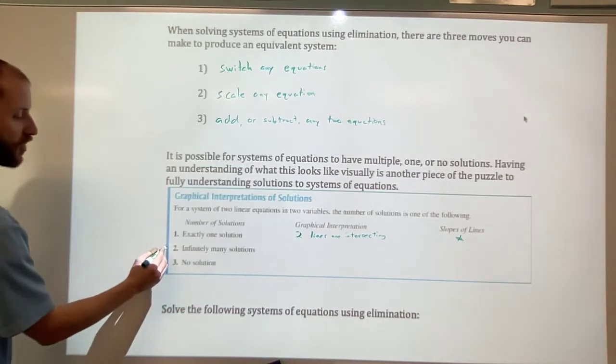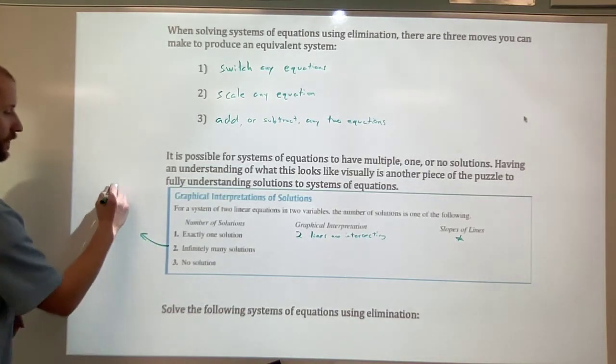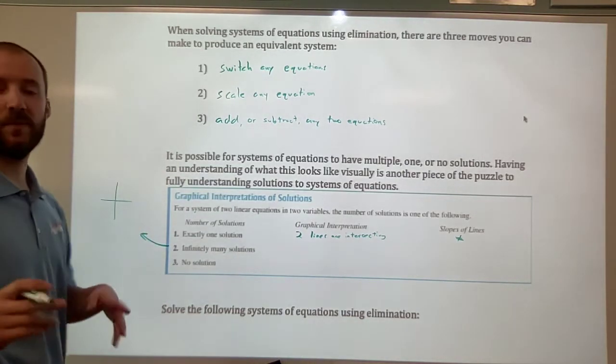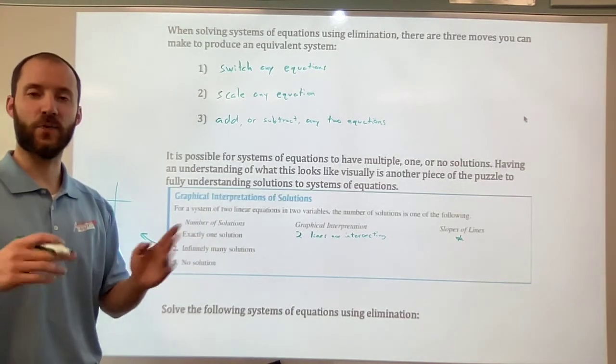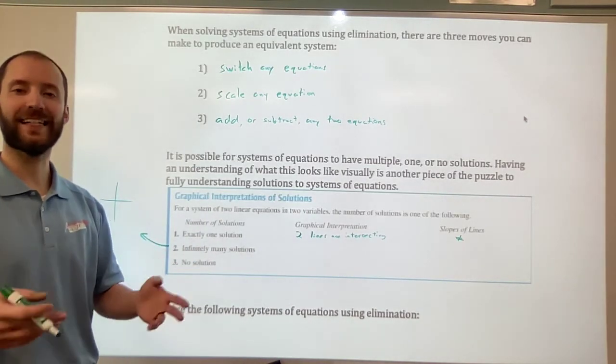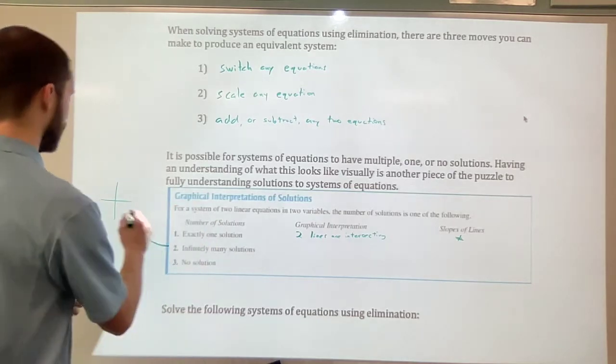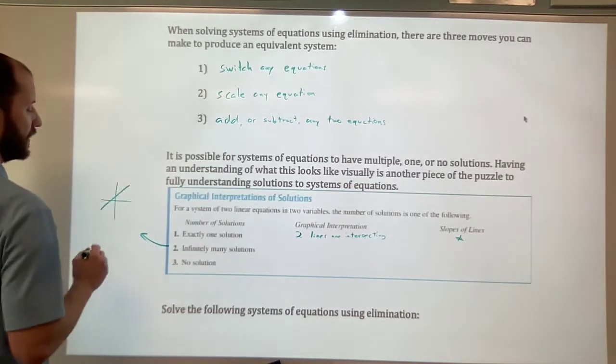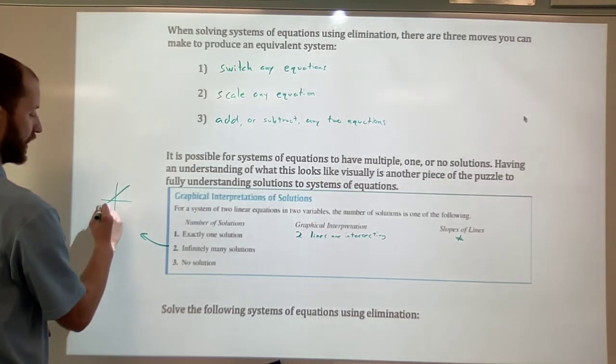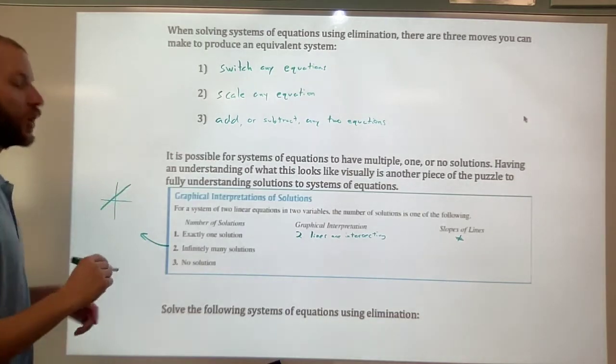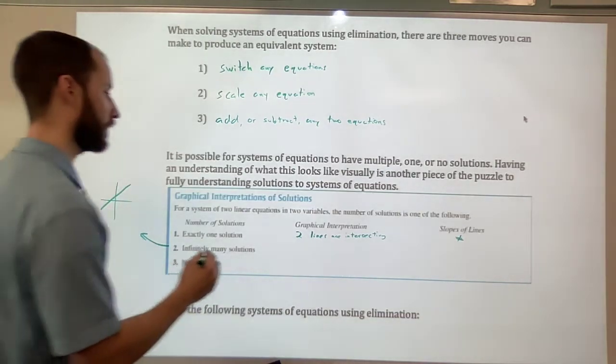You could have infinitely many solutions. So if we draw that, infinitely many means you have infinitely many x and y coordinates that satisfy both equations. So you have your first line, and then you have your second, right over the first.